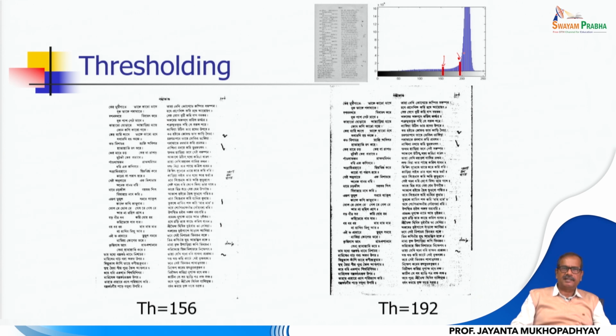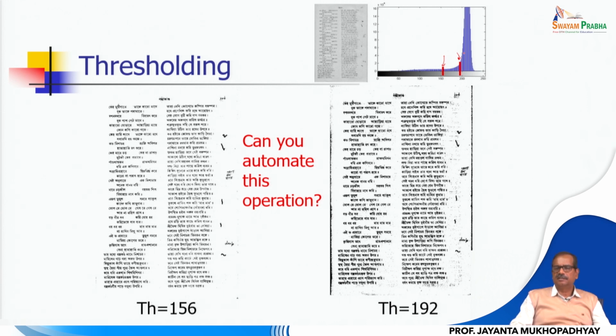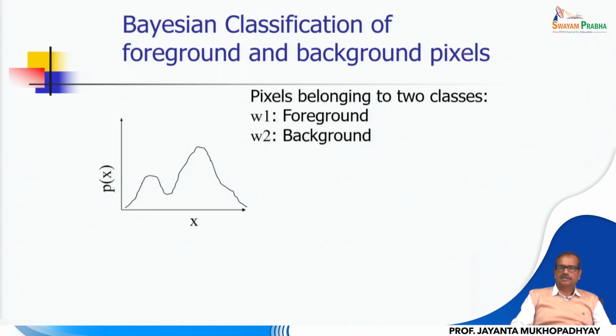So the point is, can we think about some algorithm, some reasonable logical computations, by which we can determine an appropriate threshold and automate this operation? One such method that I will be discussing here gives you an idea of how these computations could be done.